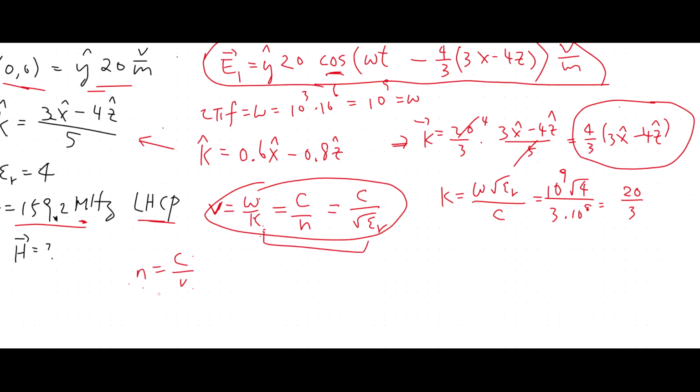So v is c over n. Why is it velocity and not vector? Because we're talking about the magnitude of the velocity. If you want to put it as a vector, it's okay, but it's not going to change anything.